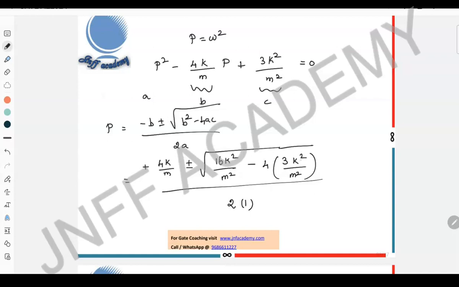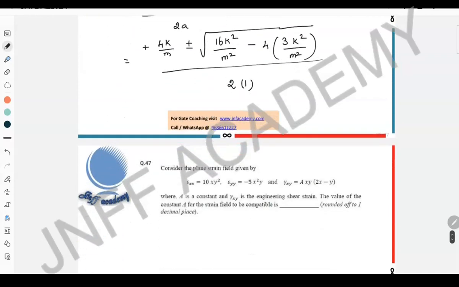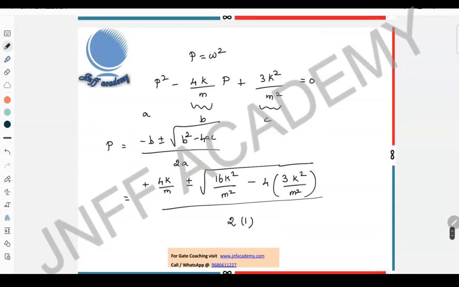Okay. Now we can simplify this. We don't have space. Okay, let me write it here. 4k by m plus or minus. So here 16 times is there, here 12 times is there. Remaining 4. So under the root it is there, right? So 4 means 2. K square is there, so I can take k.